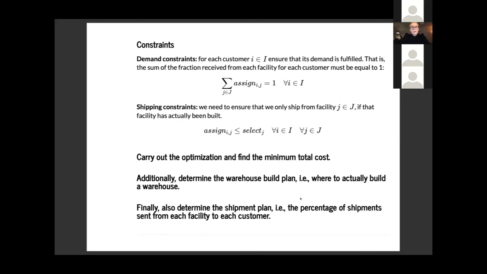So basically, we want to carry out the optimization and find a solution that minimizes our total cost. And we want to determine a warehouse build plan. So we want to print out something that we can show the company where to actually build their warehouse. And then maybe also something like a shipment plan would be insightful, which shows us the percentage of shipments that are sent from each facility to each customer.